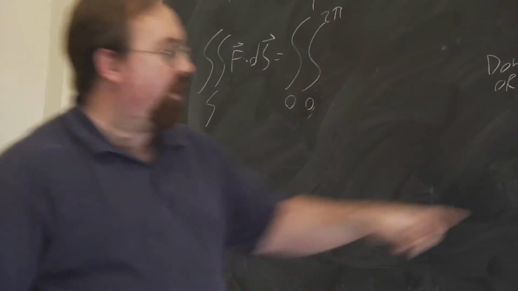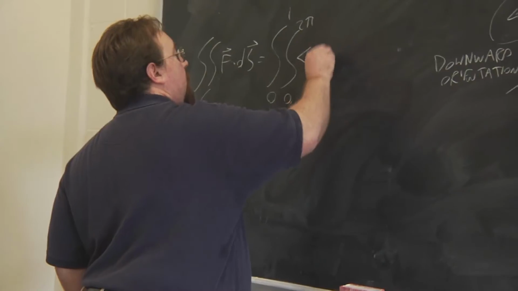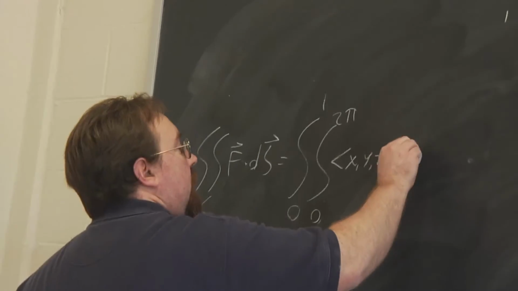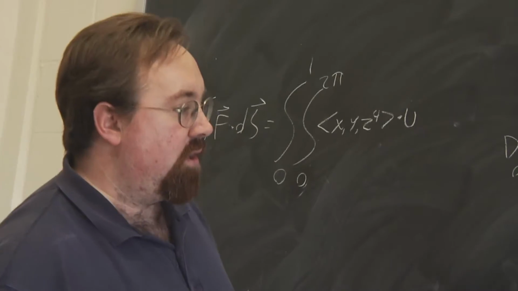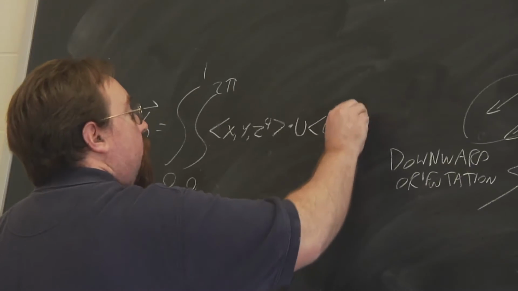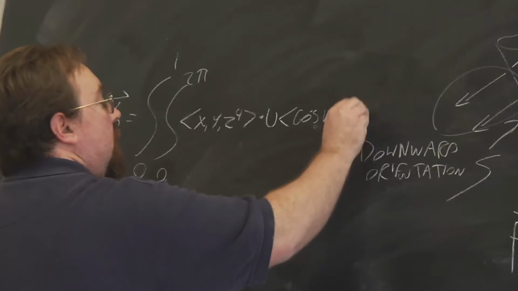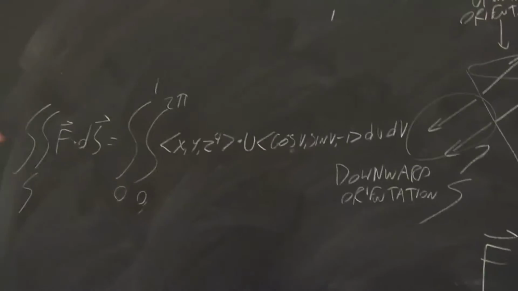And we're going to have our vector field, x, y, z to the fourth, dot product with u times cosine v, sine v, and minus 1, du dv.